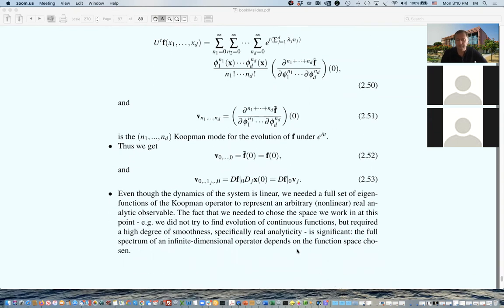And so in this case, the dynamics of the system was linear, but the observation was nonlinear. And so we needed a full set of eigenfunctions of the Koopman operator, a full set in the sense that I was assuming that the observable is analytic in the eigenfunction variables itself, phi. And I needed many additional eigenfunctions on top of the principal ones, but I could obtain these additional eigenfunctions by multiplying them with themselves or with the other eigenfunctions.